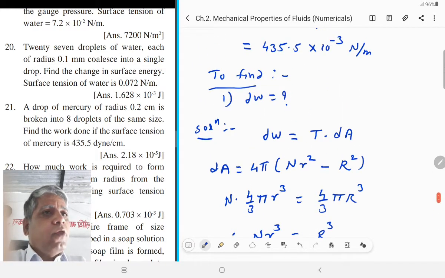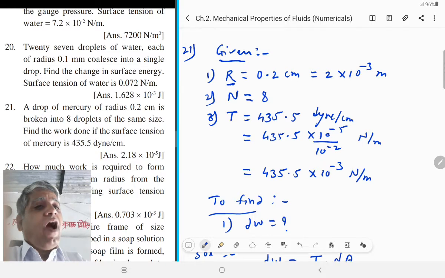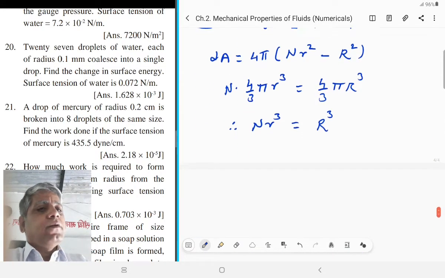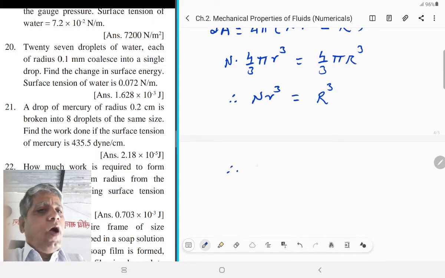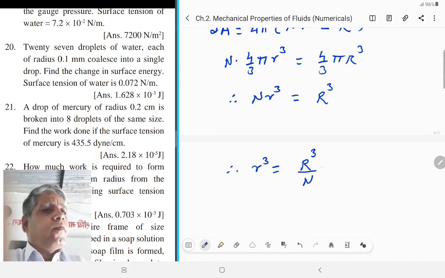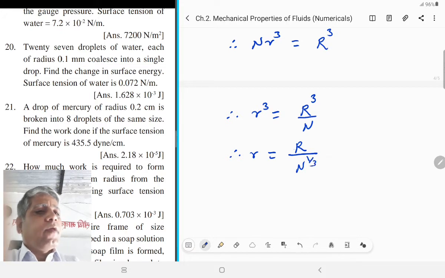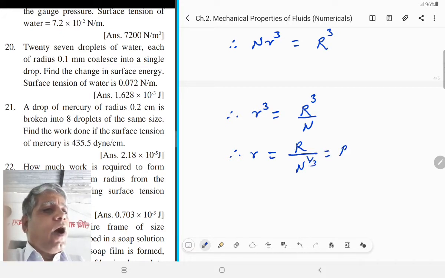Here the value of capital R is given, so small r can be converted into capital R. Therefore r cube is equal to capital R cube upon n, and taking cube roots on both sides we get small r is equal to capital R upon n raised to 1/3, that is equal to R into n raised to minus 1/3.